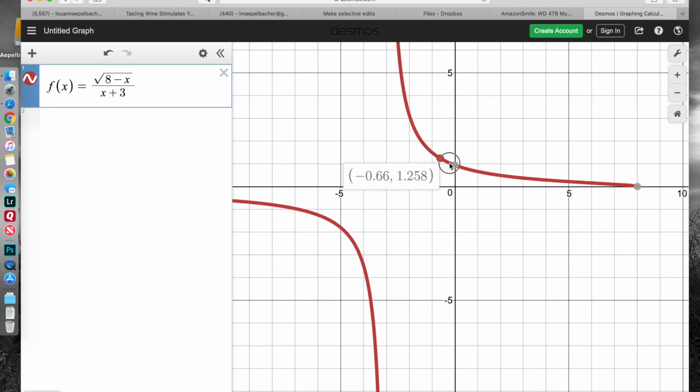The point 8, 0 is included because 8 just makes the radical the square root of 0, which is fine. That's not a restricted domain, but anything bigger than 8 would give you the square root of a negative number. So you're going to do 8 with a bracket as the upper end of your domain, because there won't be any numbers bigger than 8, but we do include 8.